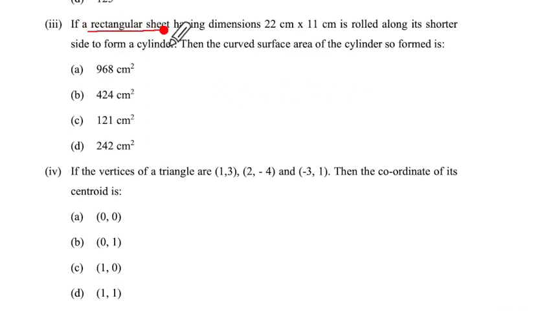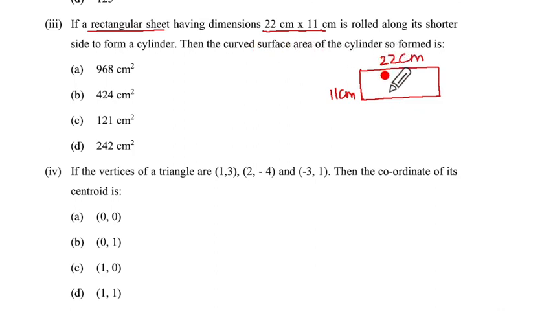A rectangular sheet having dimensions 22 cm by 11 cm is rolled along its shorter side. Now if we have the sheet like this, this is 22 cm and this is 11 cm. Now you are rolling along its shorter side to form the cylinder, then the curved surface area of the cylinder.